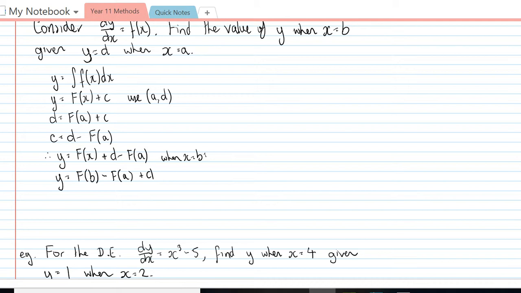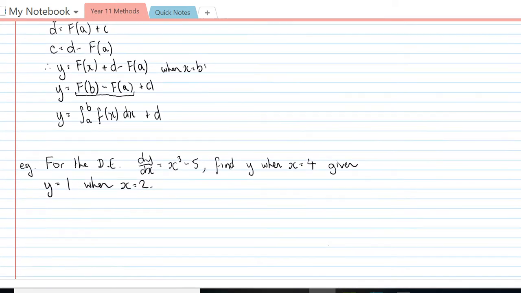You might recognize this bit right here. This is just the definite integral. So y is equal to the integral between a and b of f of x dx, and we've still got plus d on the end. Remember that d is this initial condition here.